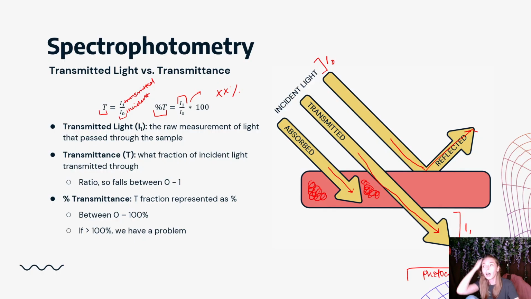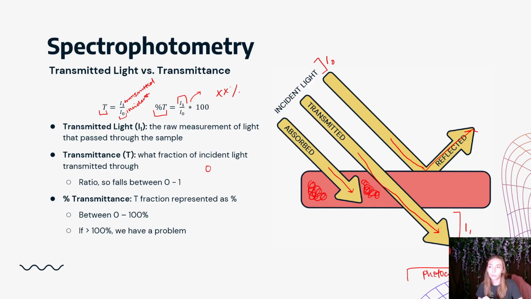Transmittance, without the percent, is really helpful for most mathematical calculations with the exception of the one formula that you need to know. Whereas percent transmittance is usually not great for math, but is ideal for talking about. It's ideal for saying, hey, I had 75% transmittance, as opposed to, hey, I had 0.75 transmittance. 75% just makes more sense to most people's brains, so we use it more for talking.